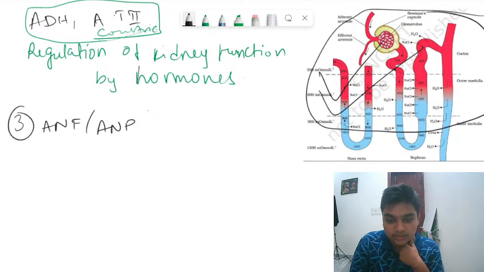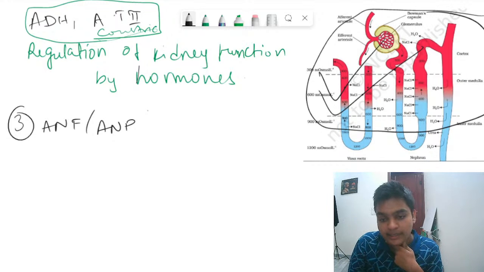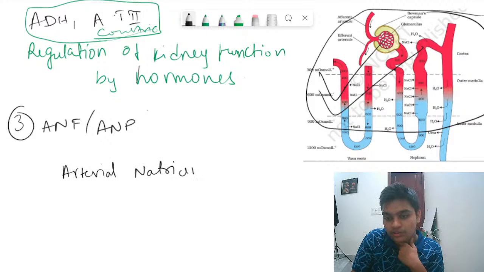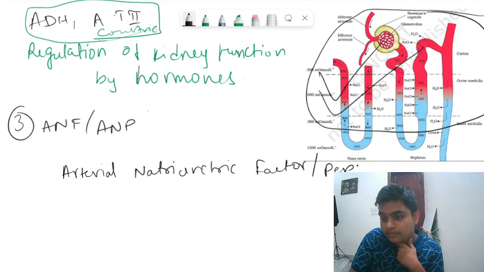The full form is atrial natriuretic factor or peptide.